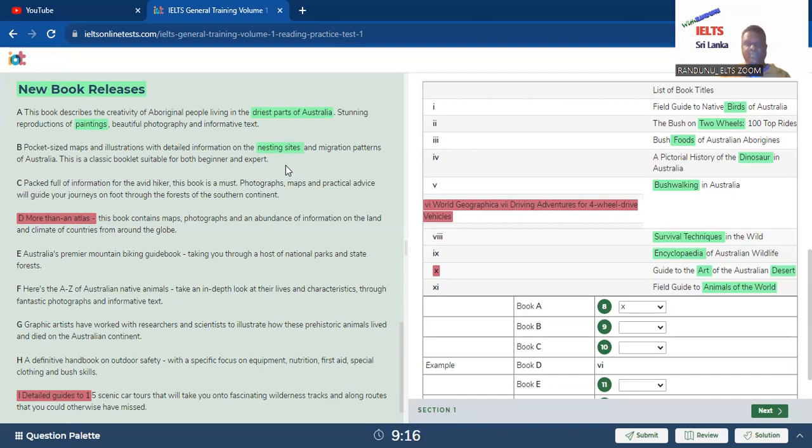Birds migrate to different countries, right? So it is about birds. So the answer for B is 1.